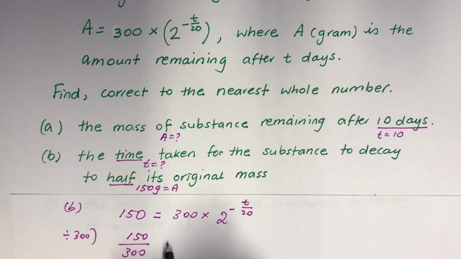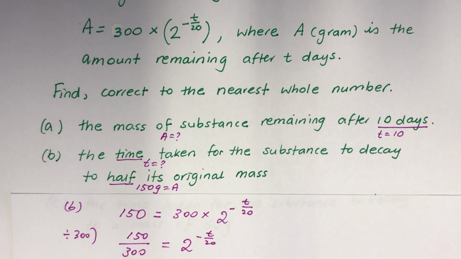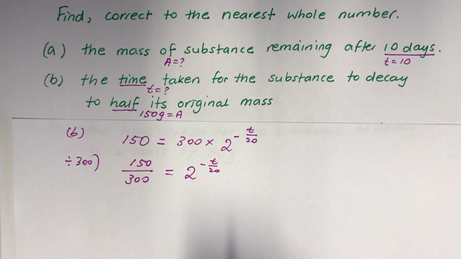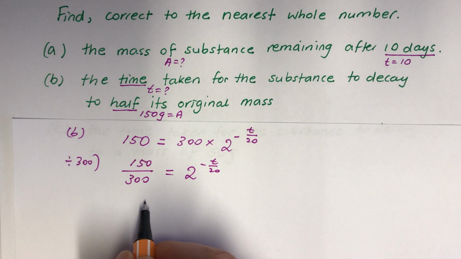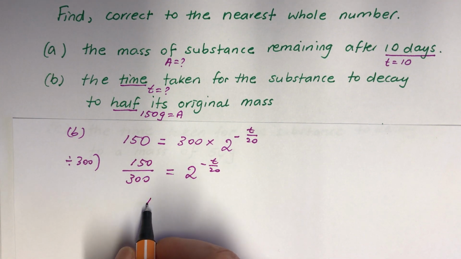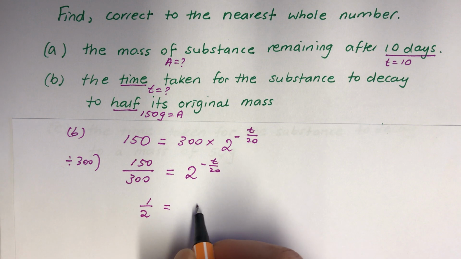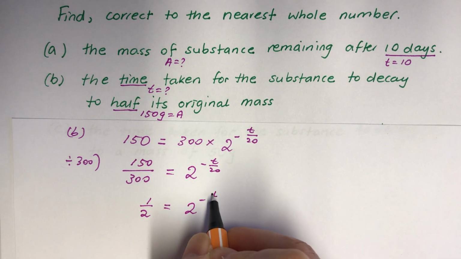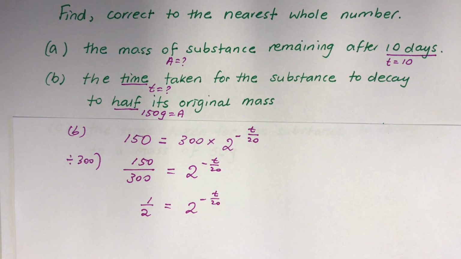Sorry, I'm just looking at something different right now. Minus T over 20. And then that's 1 over 2 to the power of 1.